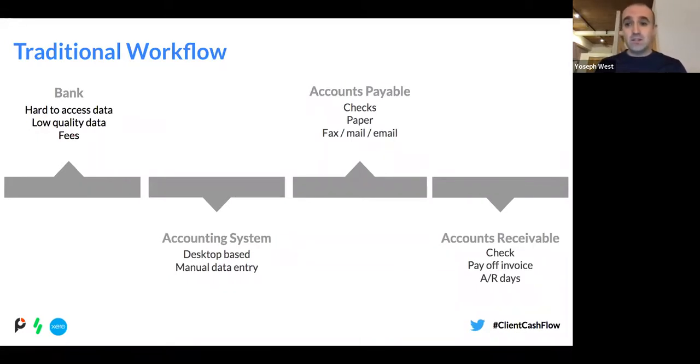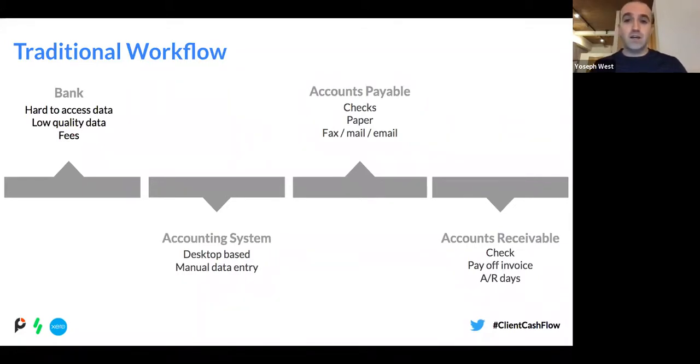In the accounting system, if you're using a desktop-based solution, there's typically a lot of manual entry, and not a lot of opportunities for automation. On the AP side, it's checks, paper, fax, mail, email, just kicking it old school. I love it. On the other side is accounts receivable.